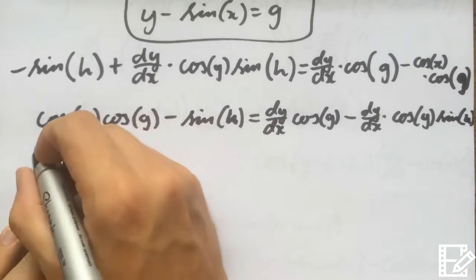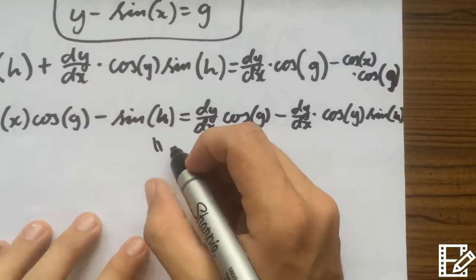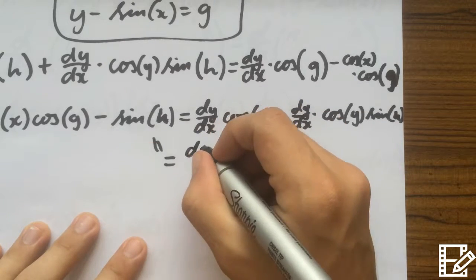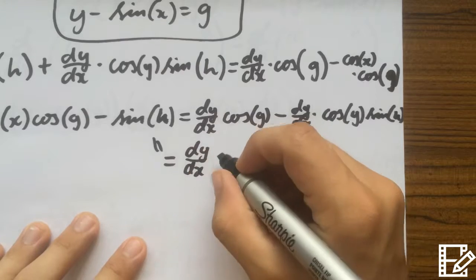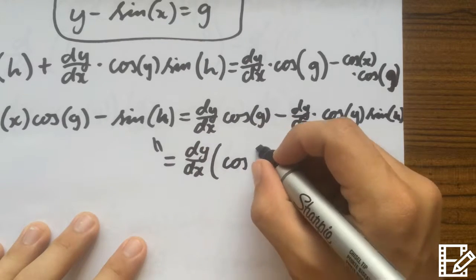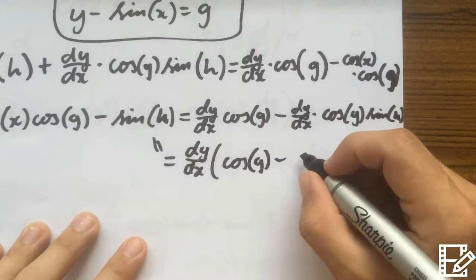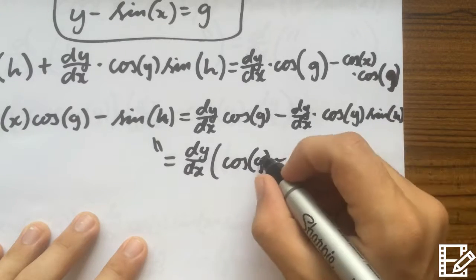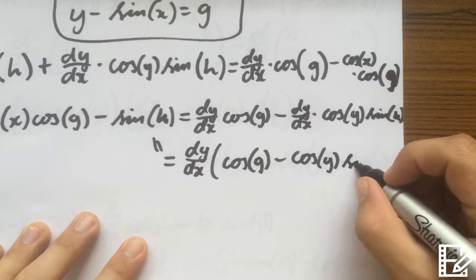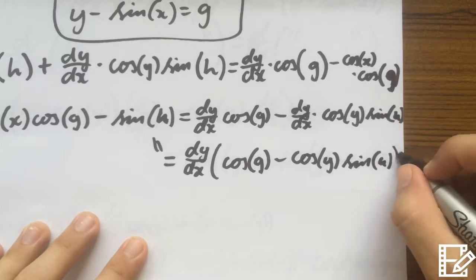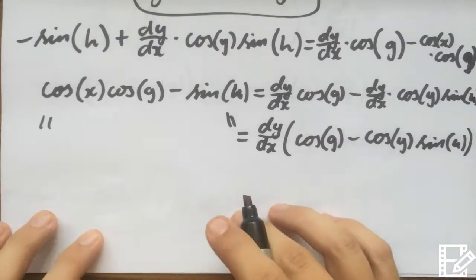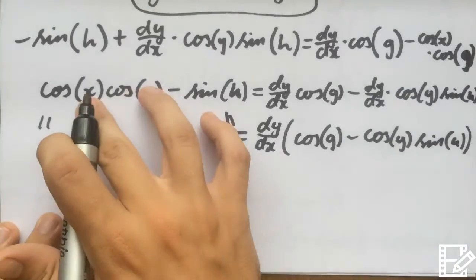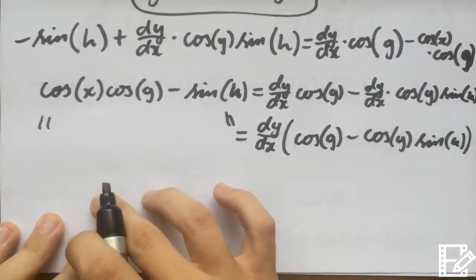Okay, so this side stays the same. Just use quotation marks to signify that. But here we'll factor out the dy dx, so we isolate the derivative, and we're left with cos g minus cos y sine h. What we're going to do now is divide both sides by this, which will bring this on top of that.